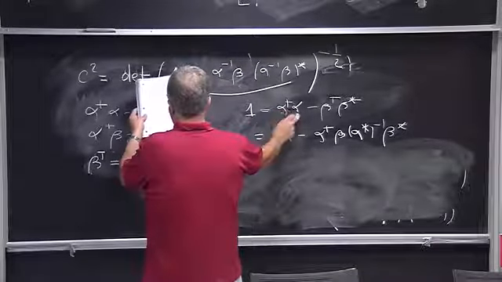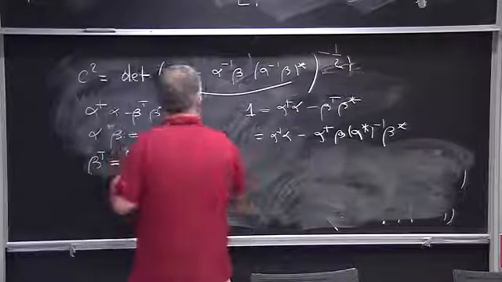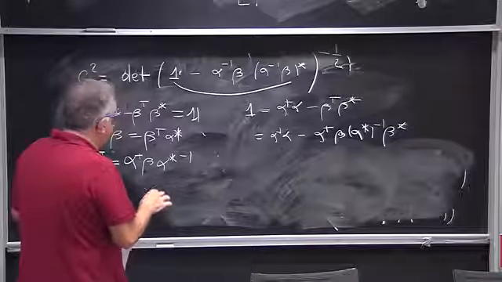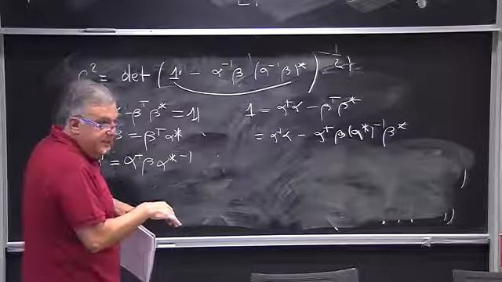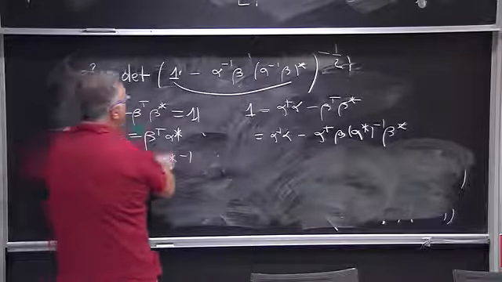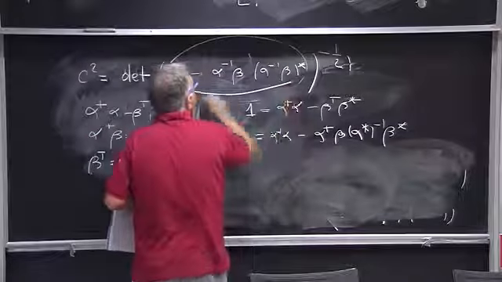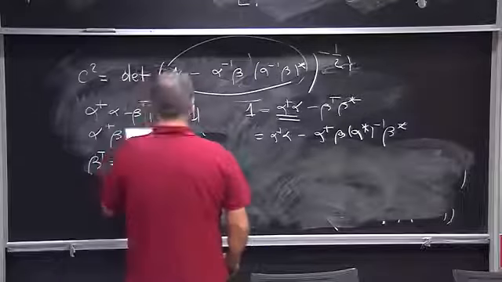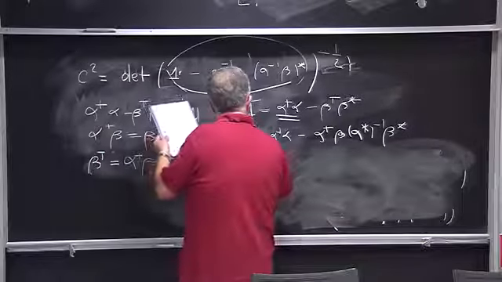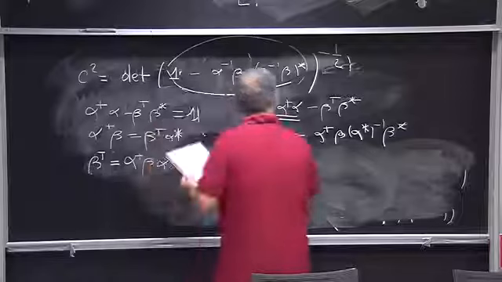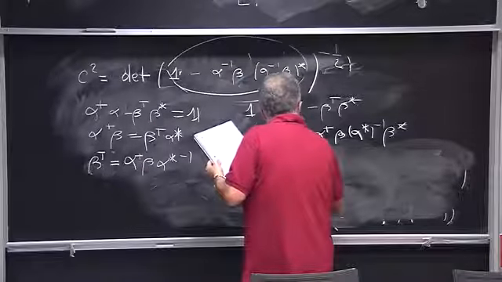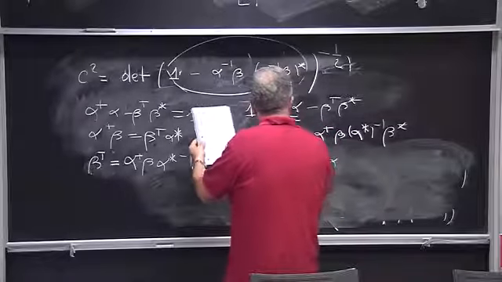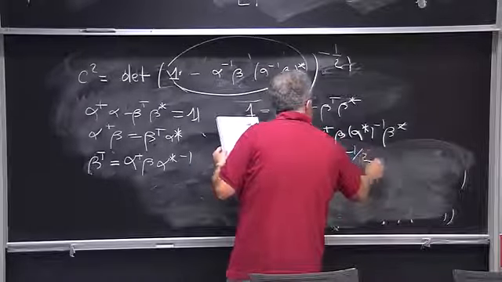So C squared, because of these two relations which recast this thing this way, the constant C squared is the determinant of the matrix alpha dagger alpha to the minus 1/2.